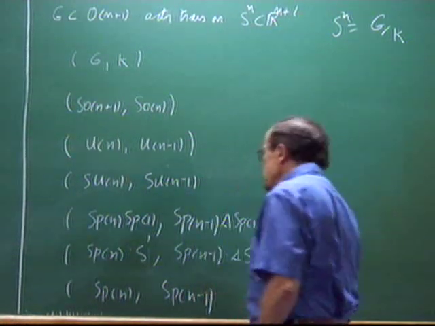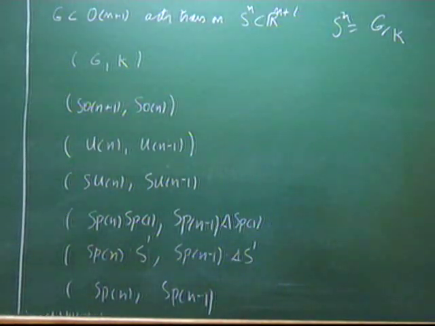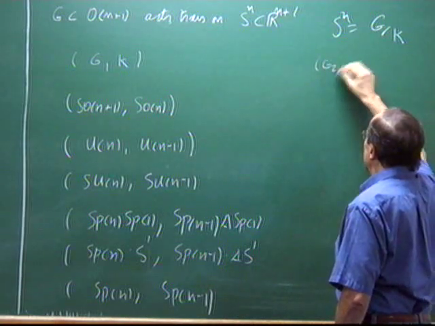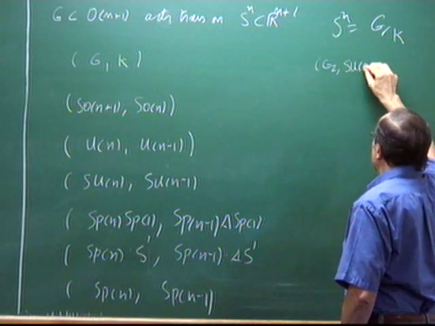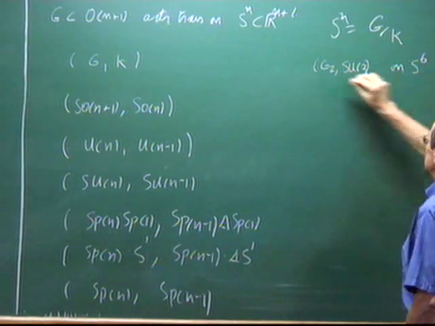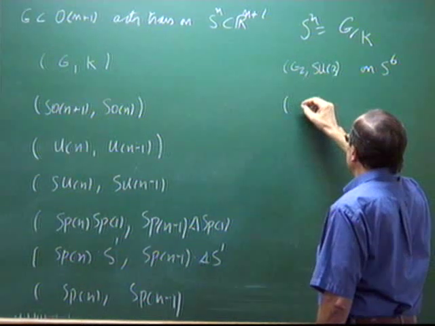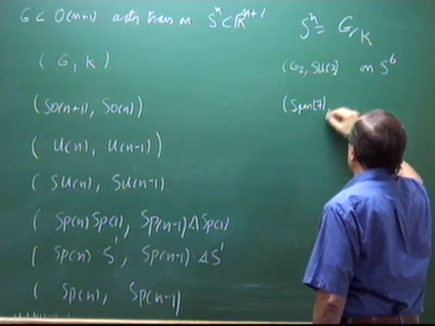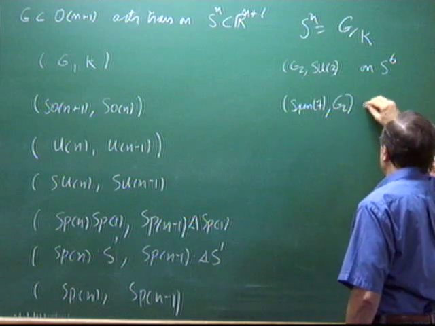So all these are kind of obvious. We discussed most of them before. And then there were the ones coming from exceptional Lie groups. And this is on the 6th sphere. So this is the 6th sphere. Then there was Spin(7) mod G2 on S^7.